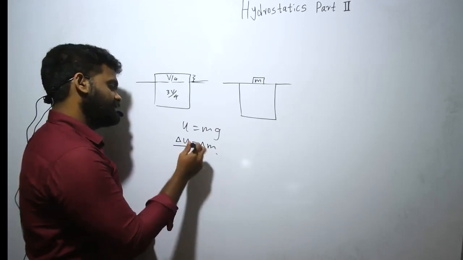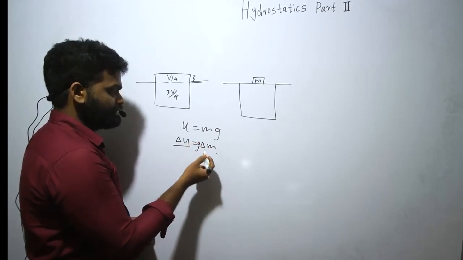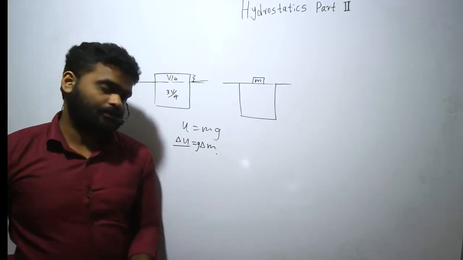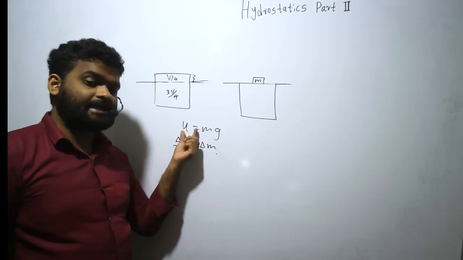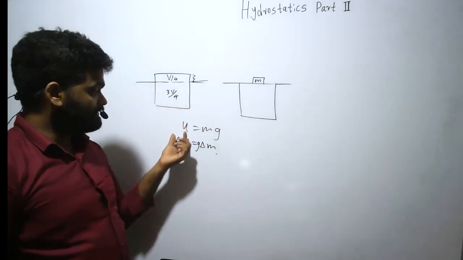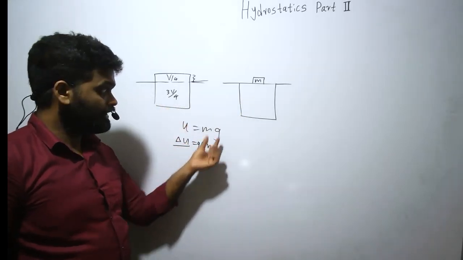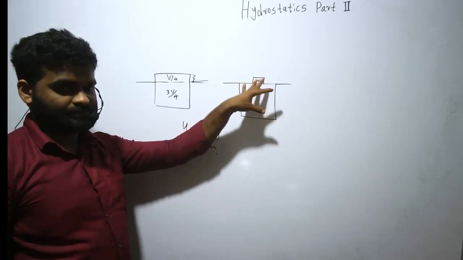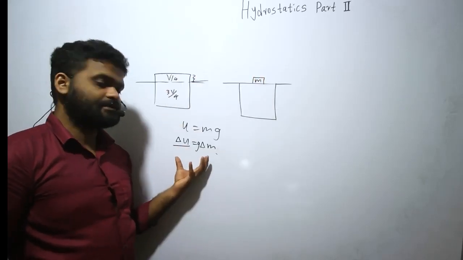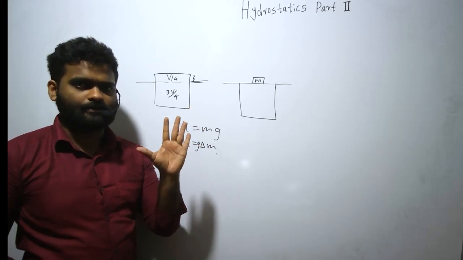If you want, you can take g here because it's a constant, it doesn't change. So whenever you get a question, you can put a delta there, but you have to understand the variable, right? At the two cases. So the variable is upthrust here and the increased additional mass. When you compare these two, then you can apply this for any equation, right? Doesn't matter.